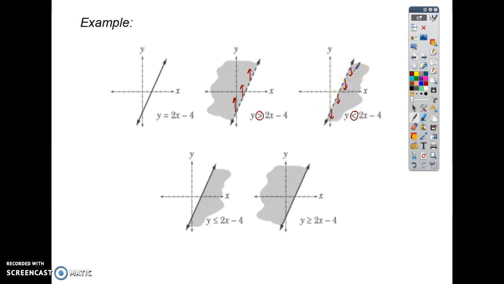You have to know the difference. This one is less than or equal to, so it's a solid line, and it's shaded below. That means all my solutions are on the line and on the shaded area, all over here. And this one is greater than or equal to, so that's why it's a solid line, and it's shaded above.